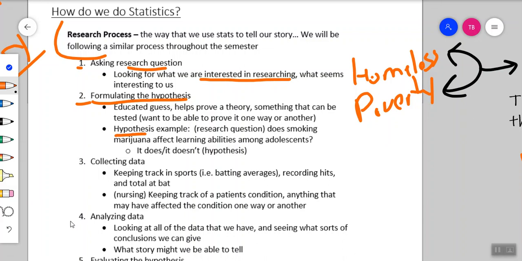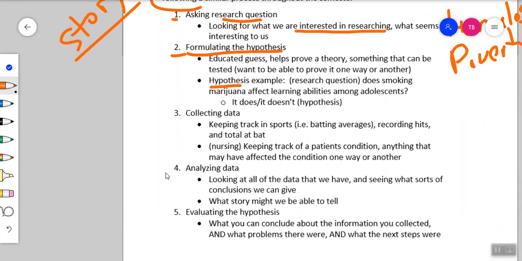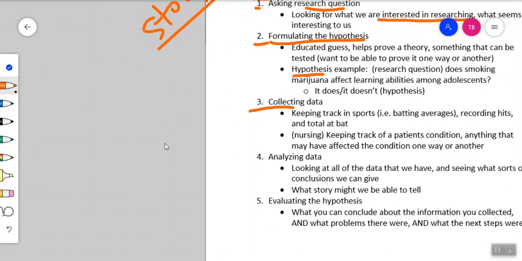The next step is kind of what separates a story in statistics from telling a story in English. We want to collect data to see why you think the story might be. In our example of homelessness and poverty, you might go do a survey.